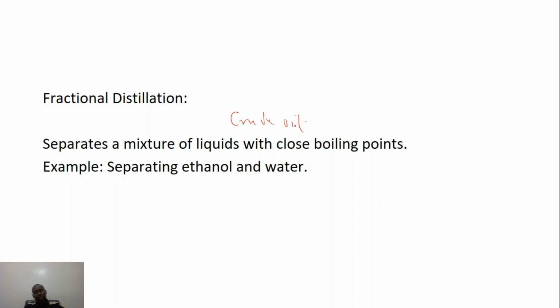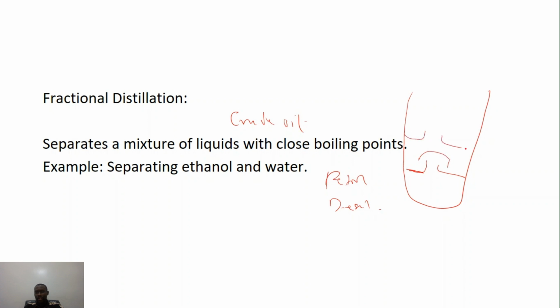The process by which crude oil is refined into its different components, including petrol, diesel, kerosene, and the rest, is through fractional distillation. It's a process in which the crude oil is heated in a chamber that contains containers at different levels.